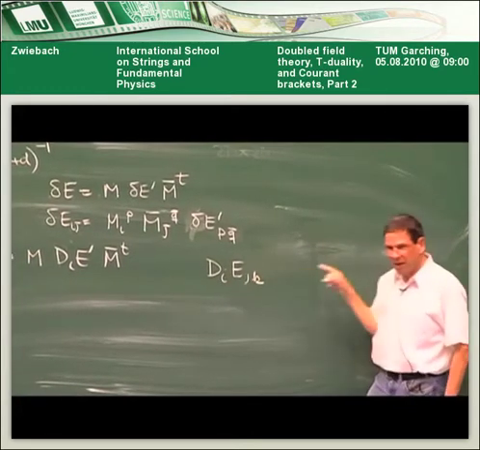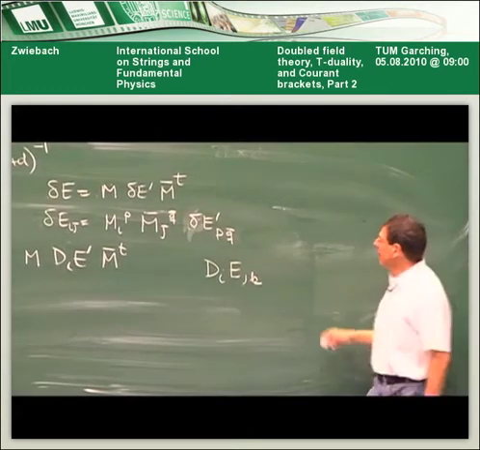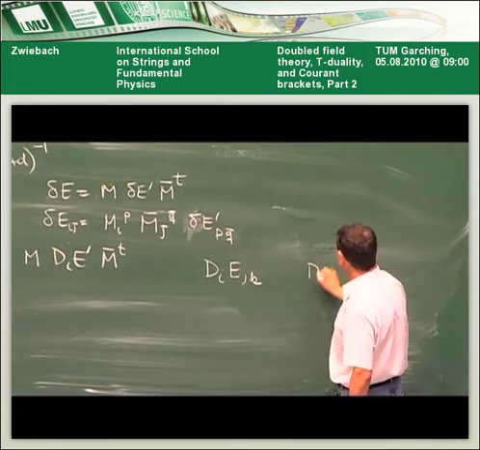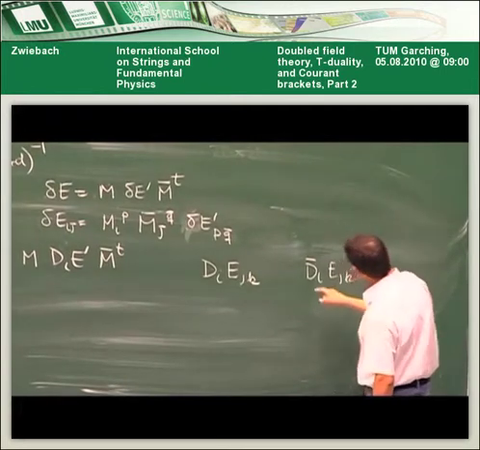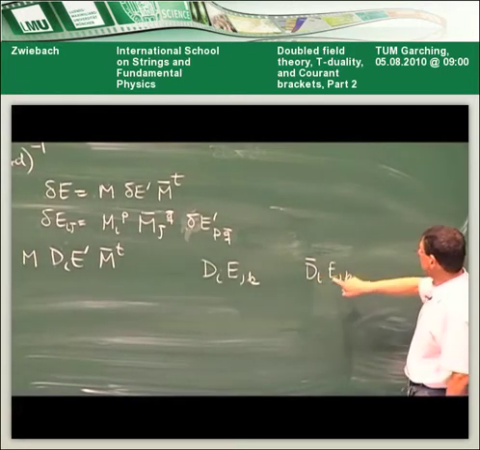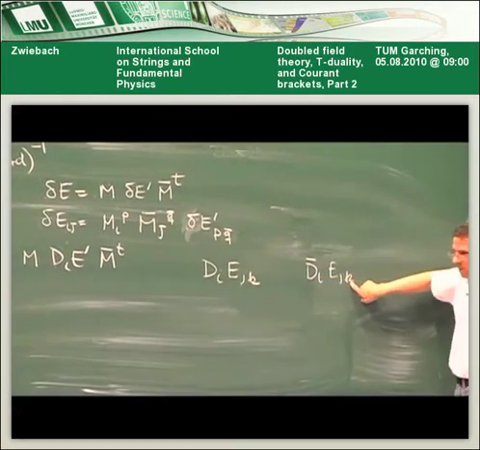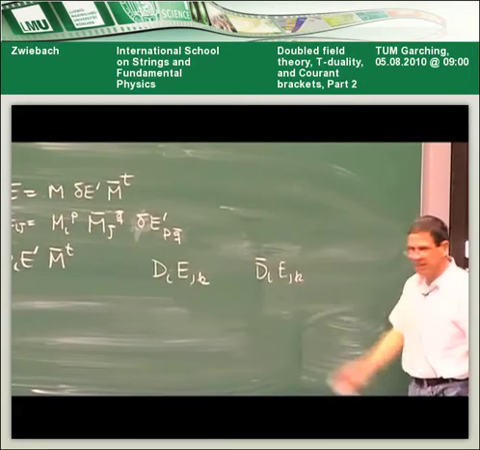It's a perfectly good tensor. If you write d bar i ejk, it transforms with an m bar on this index, an m, and an m bar here. It's a nice tensor again.